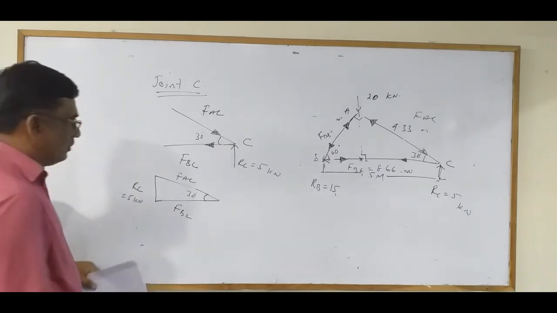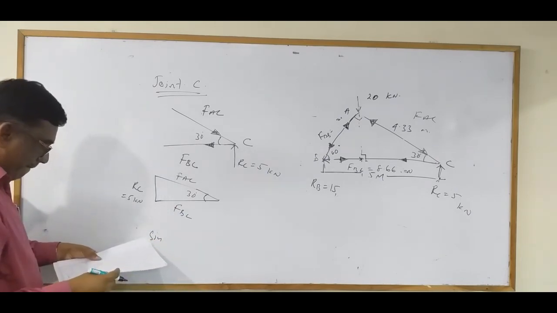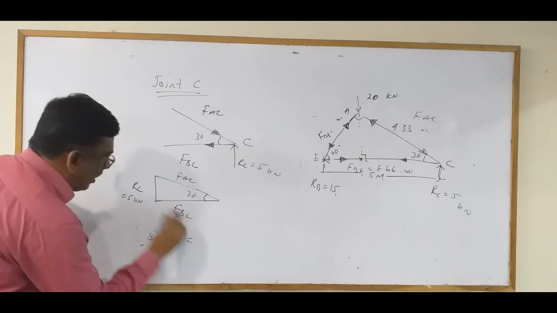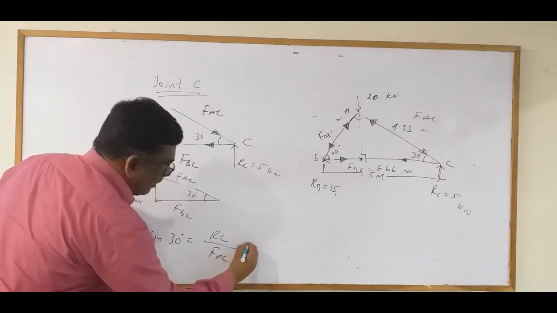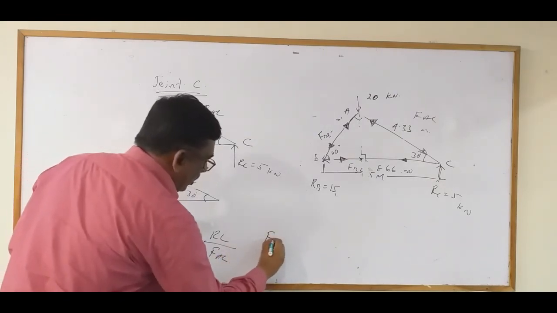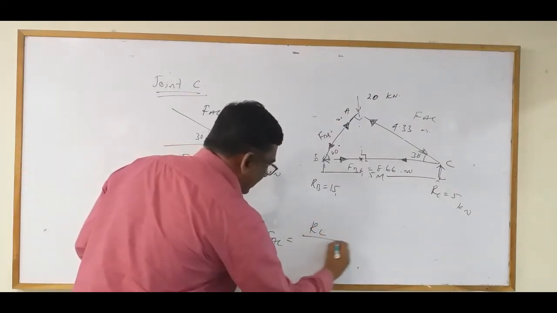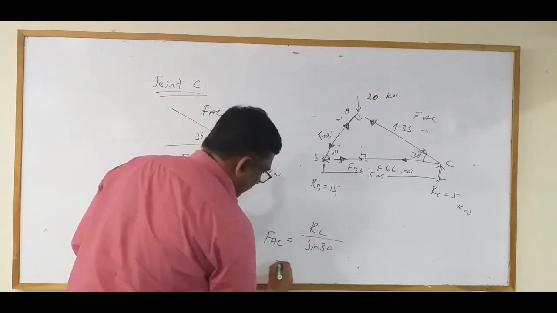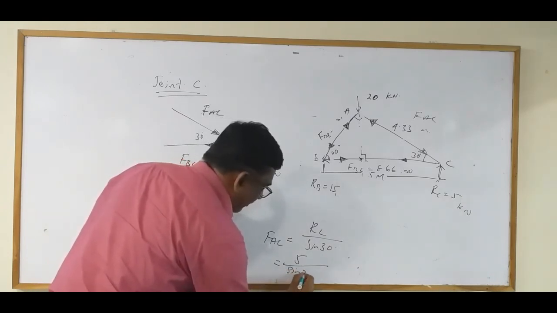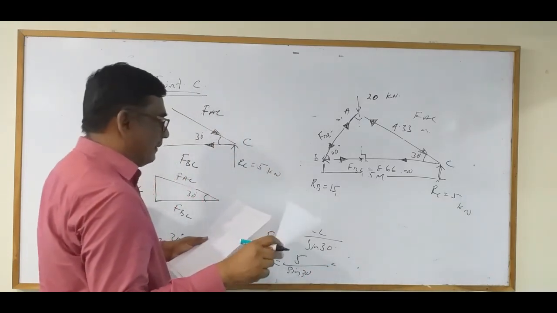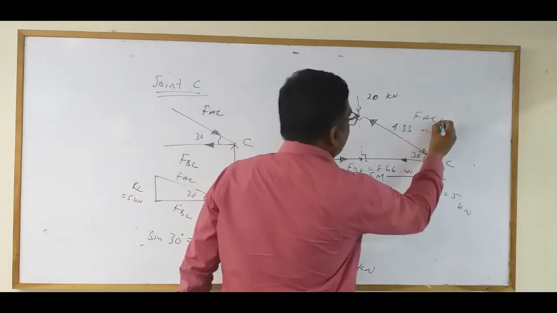Now find out sin 30 degree, opposite side RC by hypotenuse FAC, right? FAC alone, take this up and pull this down: RC by sin 30. Value of RC is 5, sin 30 is 0.5, so this is equal to 10 kilonewton. So value of FAC is equal to 10 kilonewton.